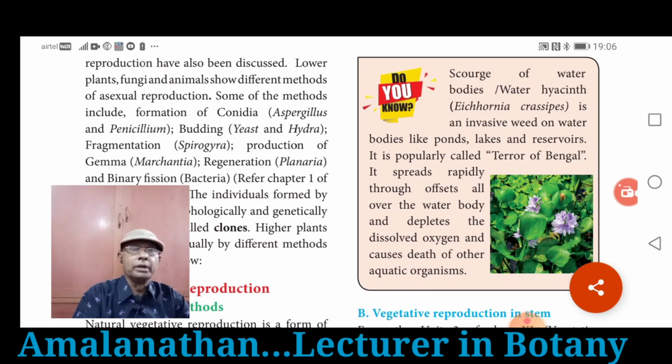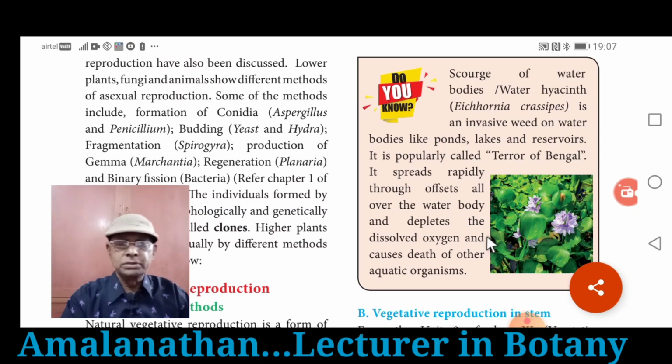The next one is regeneration. In planaria, the regeneration method of asexual reproduction takes place. Here, the body is cut into a number of bits, and each one will produce a new organism. That is the regeneration method as far as planaria is concerned.